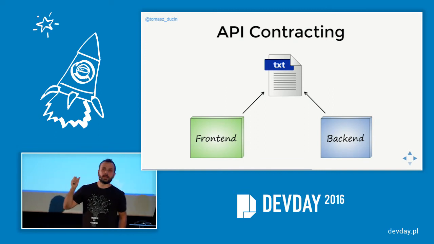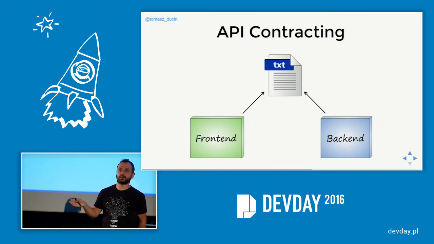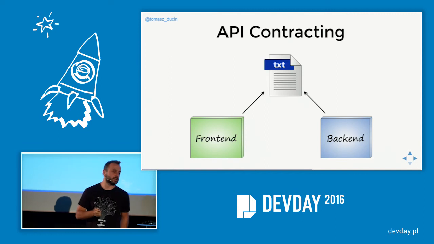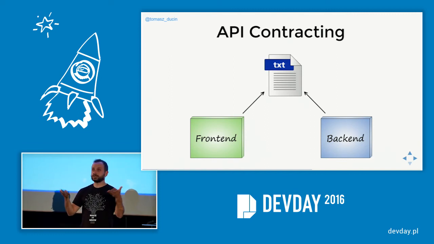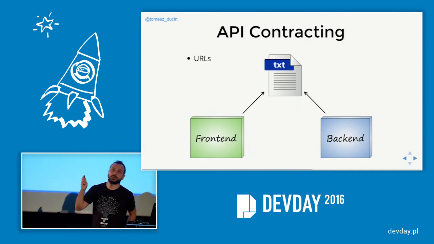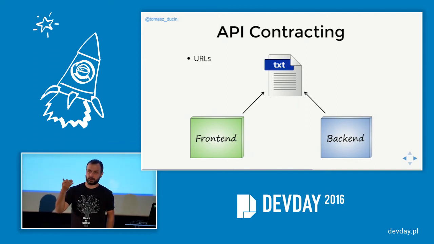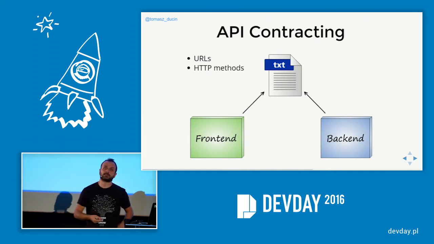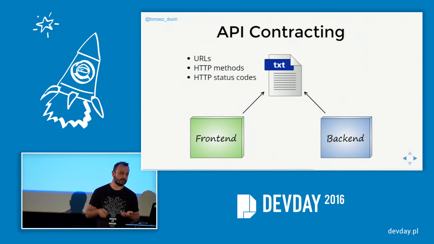Another thing is API contracting. In other words, contract first design. So basically, before we do anything, the backend and frontend people meet. They discuss what is the contract that they agree on. They define the URLs that are going to be available in the API, the HTTP methods, so get, post, put, delete, that kind of stuff.